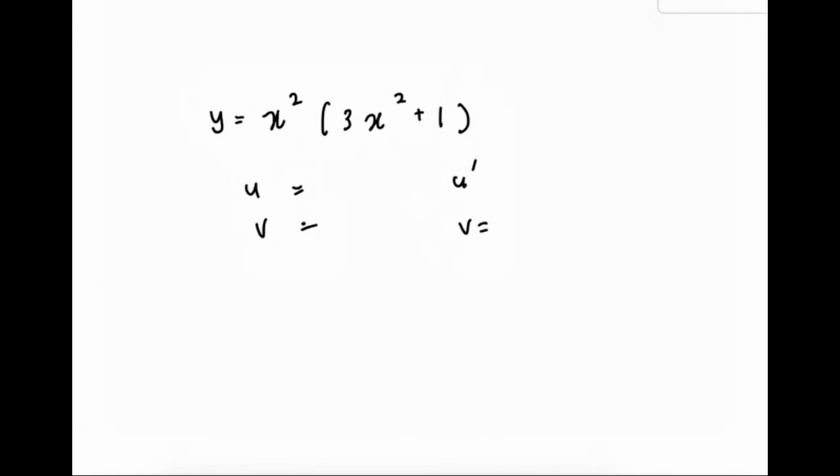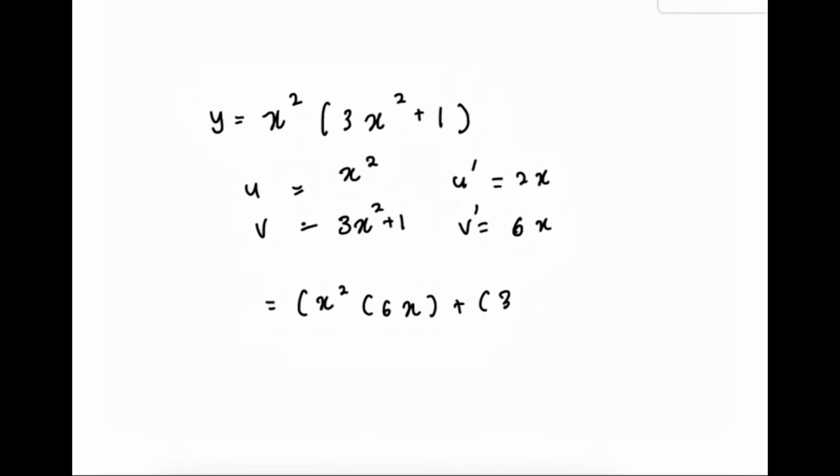So our u is x to the power of 2 and our v is 3x to the power of 2 plus 1, and our u prime is 2x and our v prime is 6x because we differentiate it. And so based on the formula, the answer will be x to the power of 2 times 6x plus 3x to the power of 2 plus 1 times 2x.